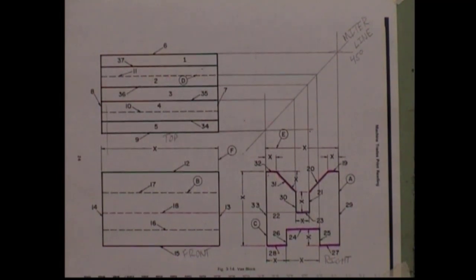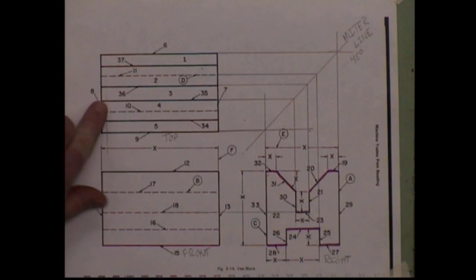And then I have what type of line is line C? So if we look at line C, we know that's a visible or an object line. And then surface 4 in the top view is what line in the side view?